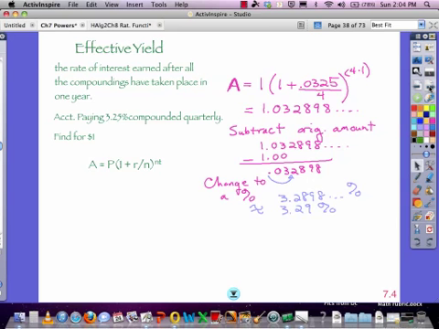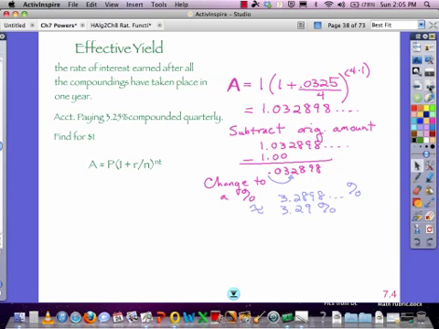And on an effective yield, it's easy to do, and we only calculate $1 over a period of time. Right now we're going to say we have an account paying 3.25% compounded quarterly. Find our results for $1. All right, A equals P times 1 plus R over N to the power of NT.